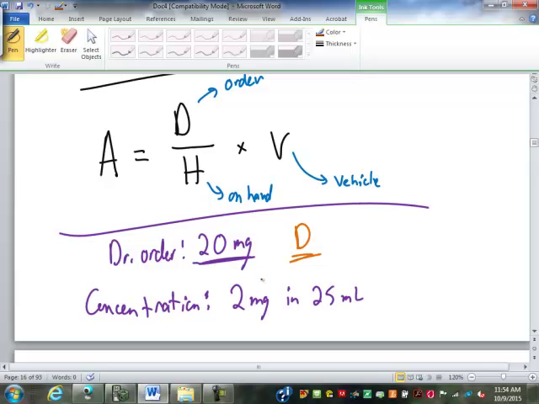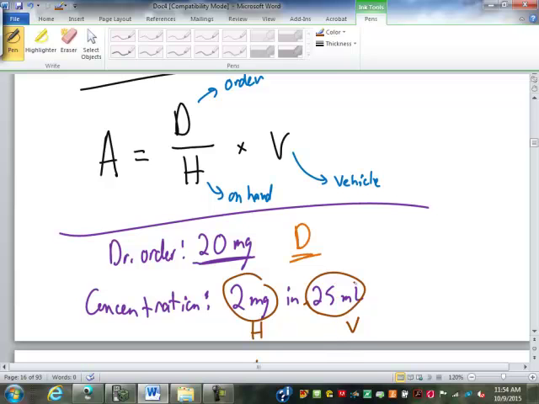The on-hand amount is the 2 milligrams. The vehicle is what carries that into the patient. What's going to carry the on-hand dose into the patient? The 25 milliliters. That is the vehicle.